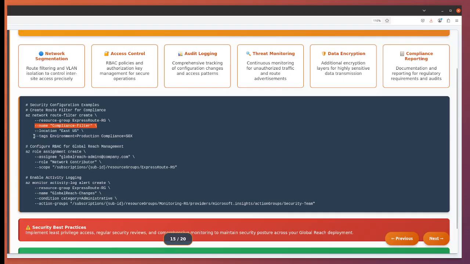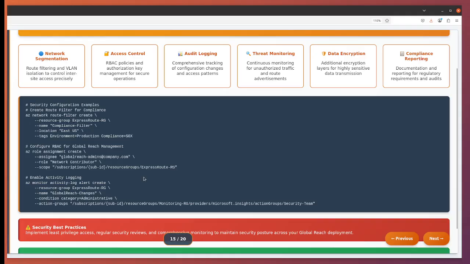Access control implementation includes RBAC policies to limit who can create and modify Global Reach connections, authorization key management for secure generation and distribution lifecycle, audit logging to track all configuration changes and access, and compliance reporting to document network topology for auditors. Encryption considerations are important.